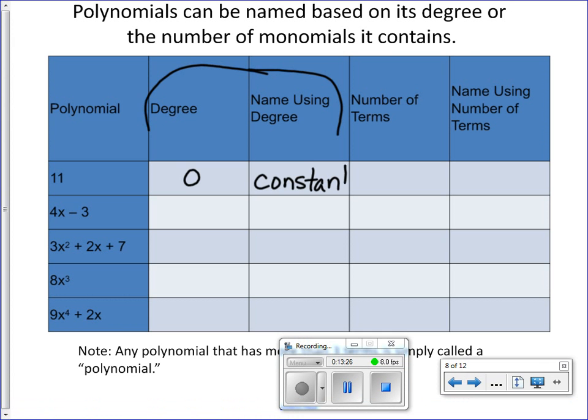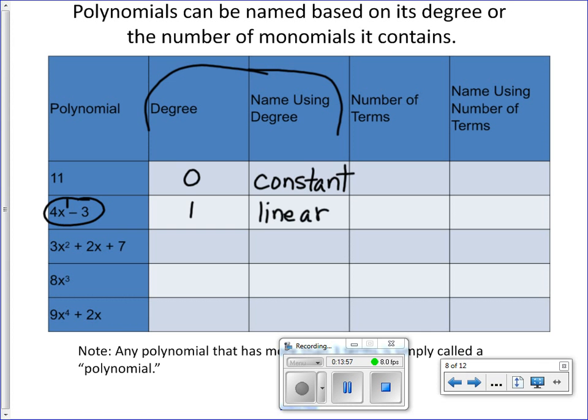Constant is a very specific term for a monomial that is a number. All right, in the next one we have a degree of 1, and so that makes it first degree, and the name is linear. Hopefully this expression 4x minus 3 reminds you of y equals mx plus b, which is the equation of a line.